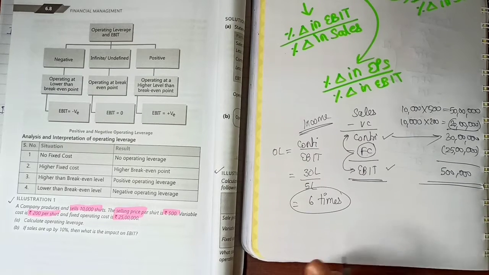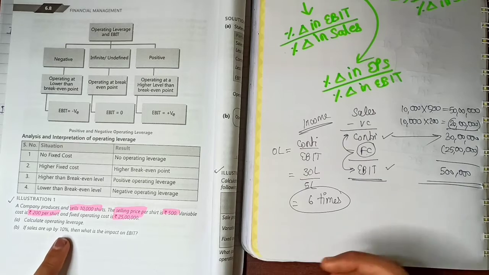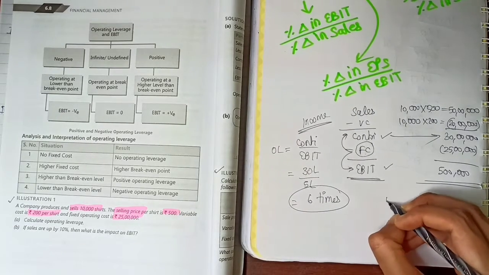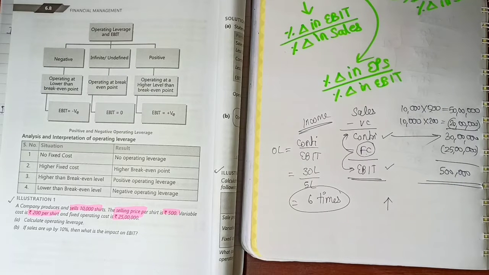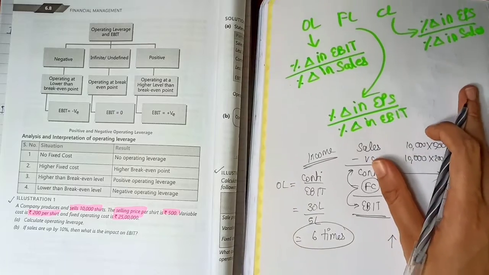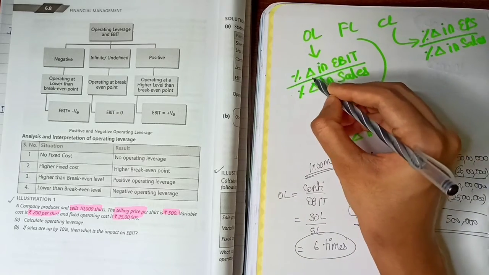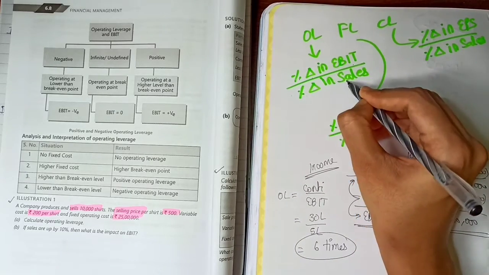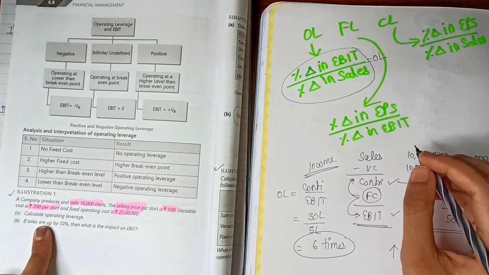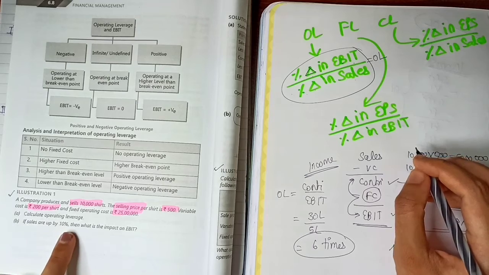Okay. Next, what they have told here is if sales are up by 10%, that means if the change in sales is by 10%, then what will be your impact on EBIT? So here we read the formula, that is percentage change in EBIT by percentage change in sales. They have told you here that in percentage your sales are up by 10%.